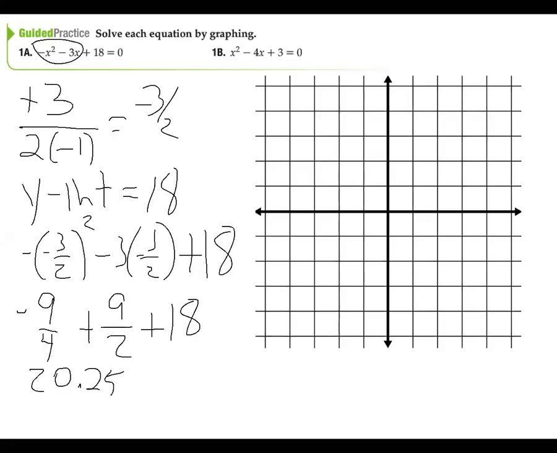So if I graph it, I'm going to have -3/2, which is like -1.5, and then 20.25. If I make these go by 5s, 10, 15, 20, and these go by 1s, then I should be able to do it. 20.25 is right here. The y-intercept was 18, so it's right there. And then you're going to have one on the other side here.